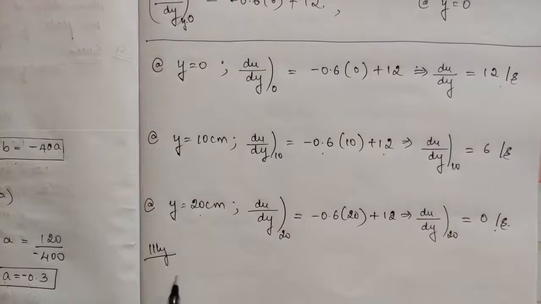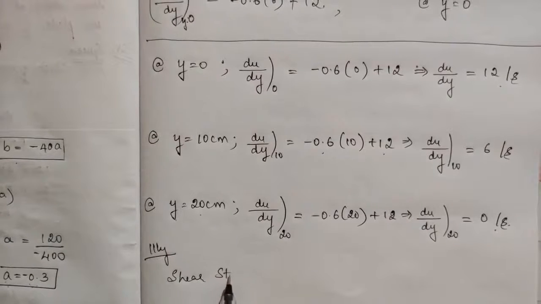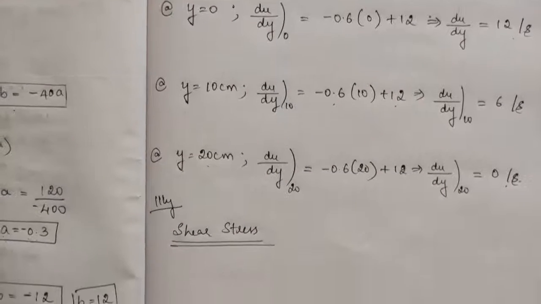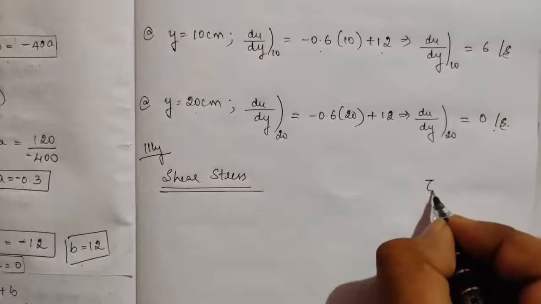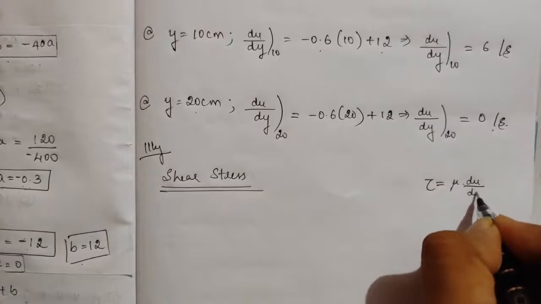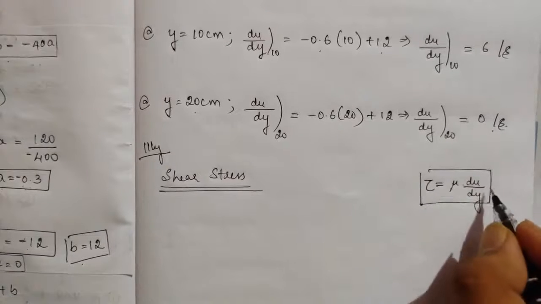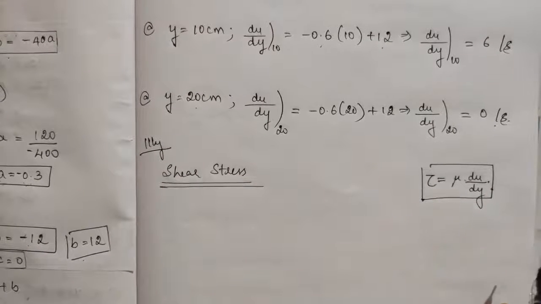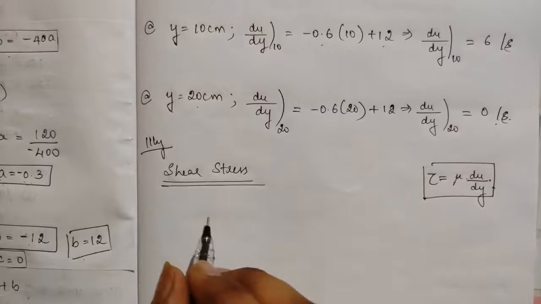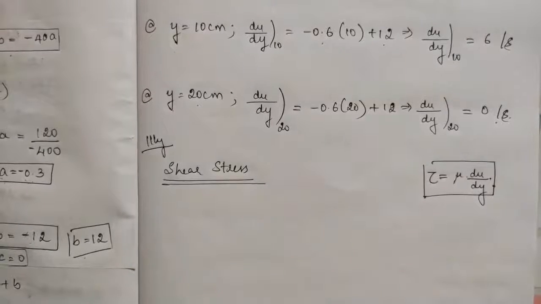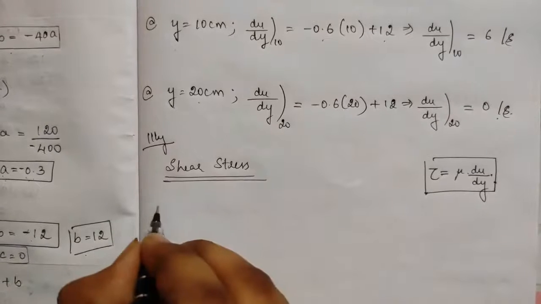Similarly, for shear stress, in the same fashion. What formula do we know? We know only one formula: tau is equal to mu into du by dy. The values of du by dy at y equal to 0, 10 and 20 we already know, so we can directly tell the shear stresses at specific points.